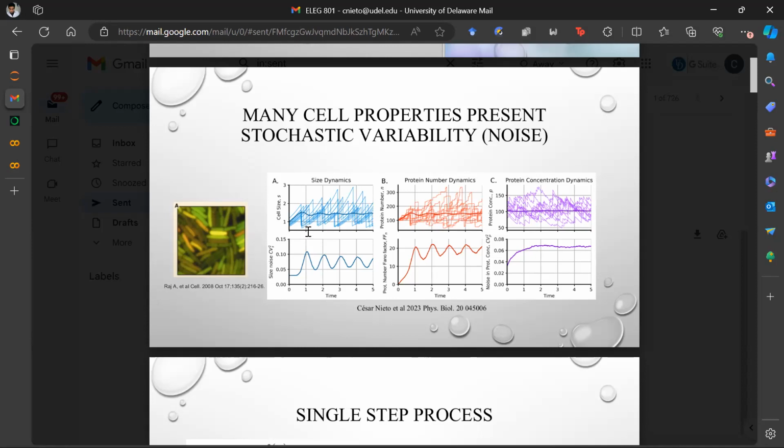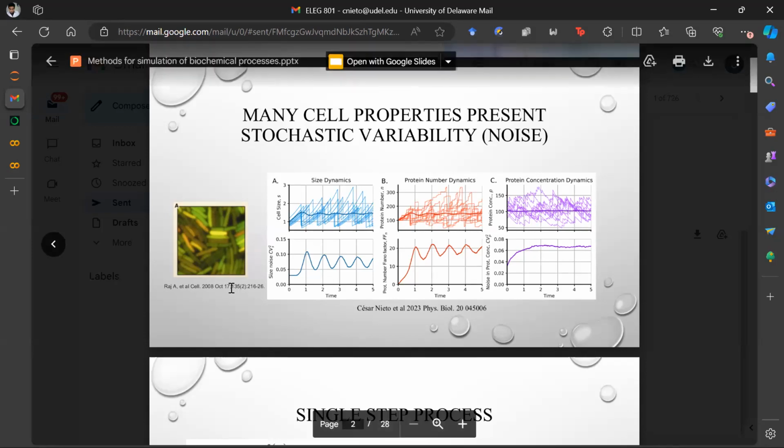Given that the number of proteins is in the thousands or tens of thousands inside the cell, 30 or 40 years ago people expected that proteins inside the cell should have a very steady, stable concentration with not many fluctuations, because the number is very high.